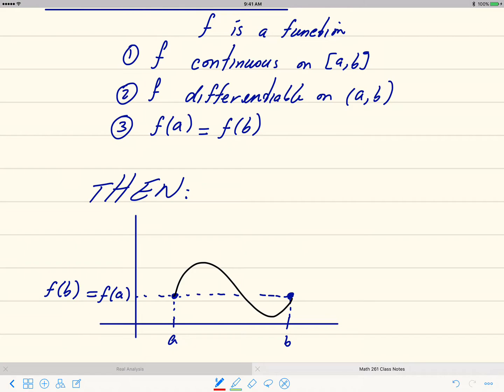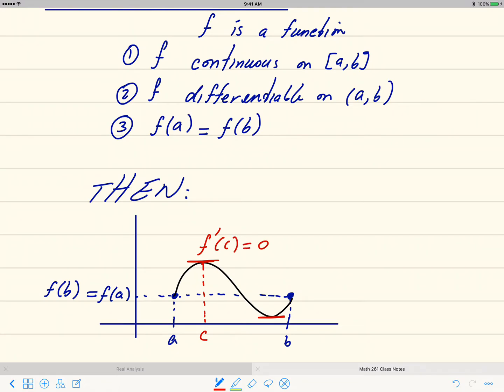Then the theorem says there is at least one point on the graph that has a horizontal tangent line. There could be more than one, like in this case. But the theorem says there's at least one number c between a and b where the derivative of the function at that point is 0.